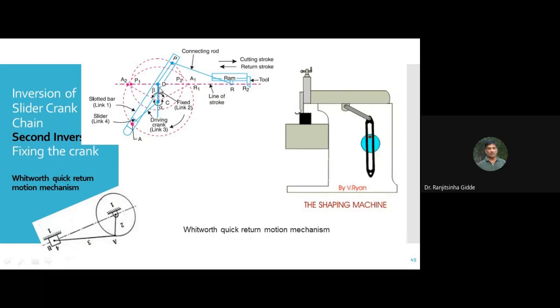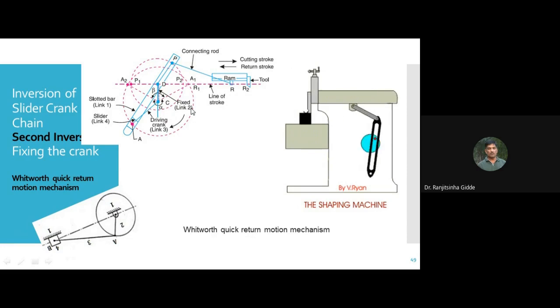So these hatched lines are shown on this 2. Here, this is the crank. Here it is fixed. Do you understand? The previous slide had 1 fixed. Now here this 2 is fixed.